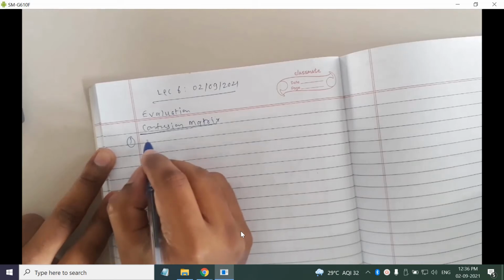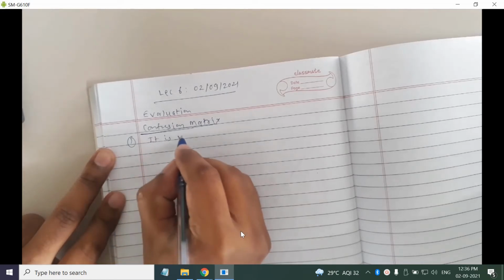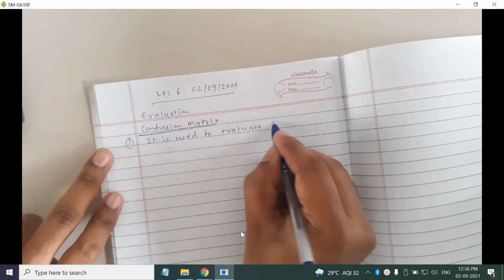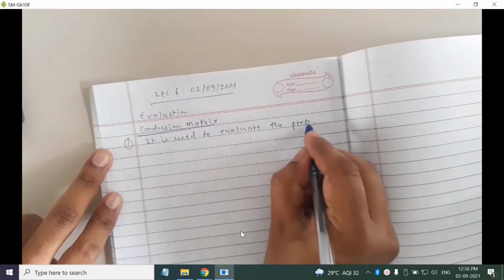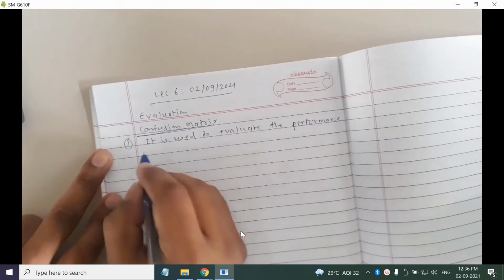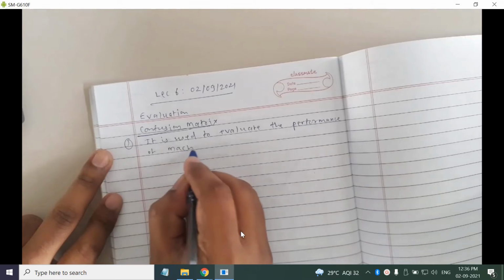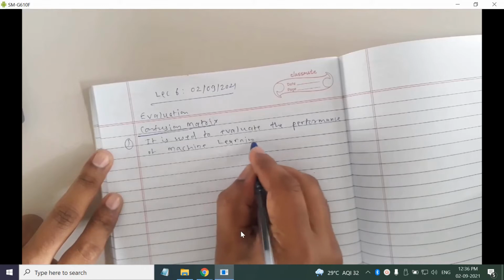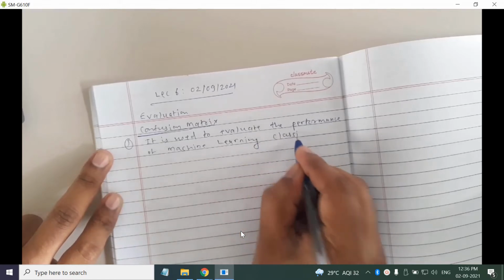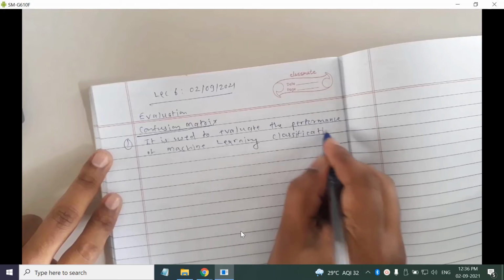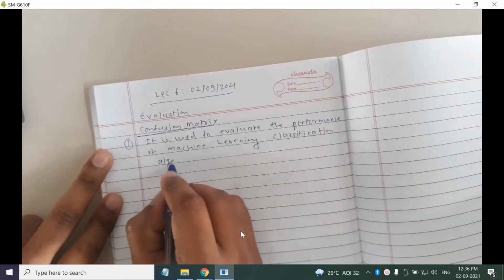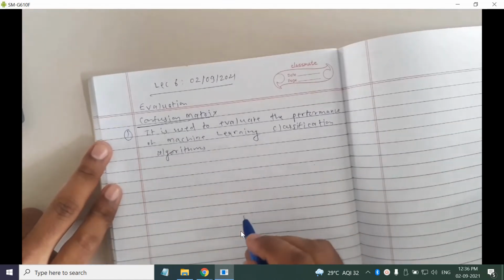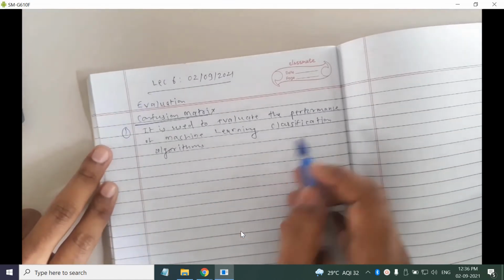It is used to evaluate the performance of machine learning classification algorithms. Please note down the theory, classification algorithms.